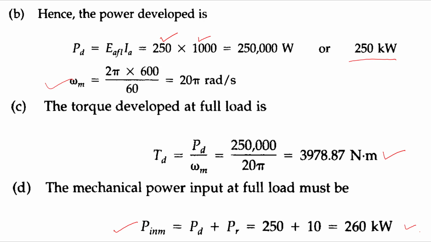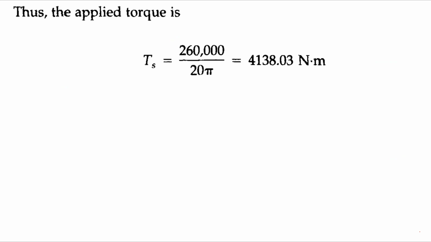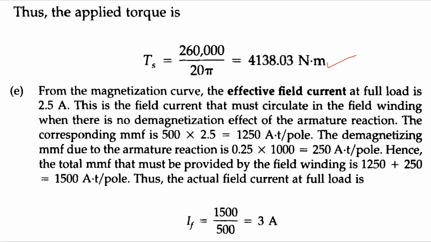So that is 260 kilowatt. PR is given. And therefore the applied torque we can find out, that is P in by omega m. So P in is 260 kilowatt divided by 20 pi. So we'll find 4138.03 Newton meter. I hope everybody got this in the last class, right? So next we'll see this.